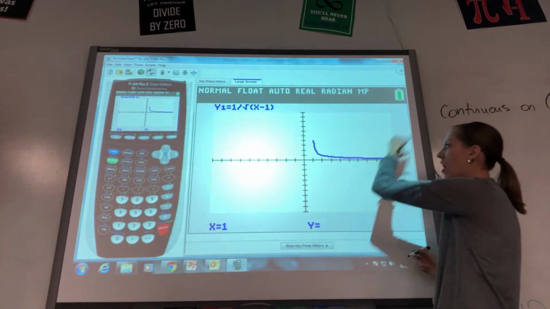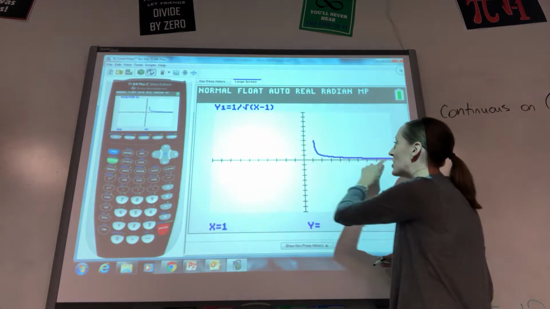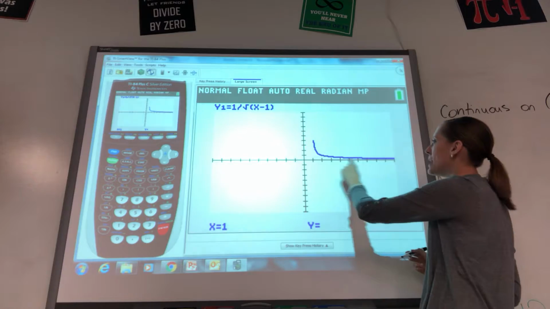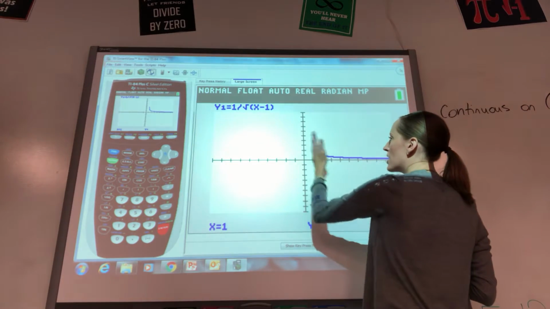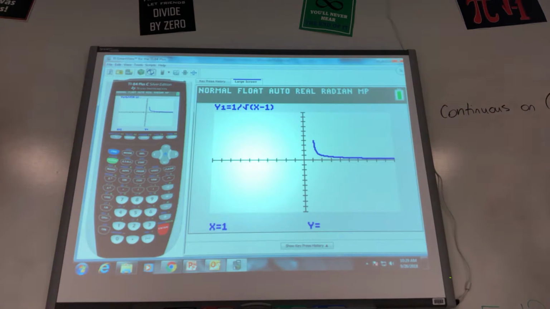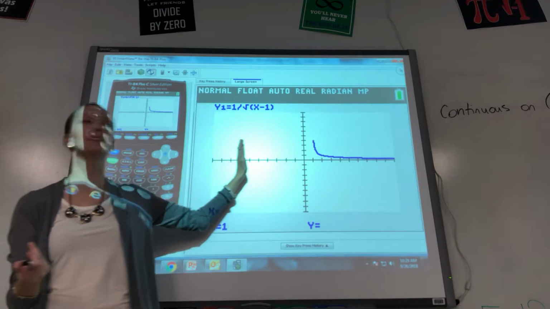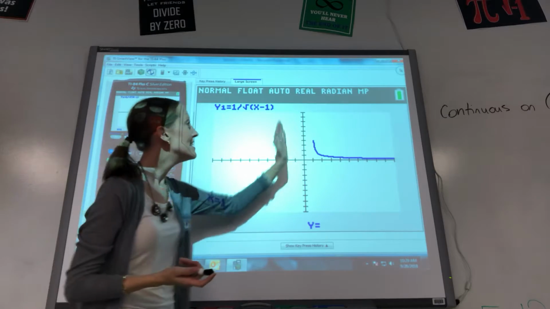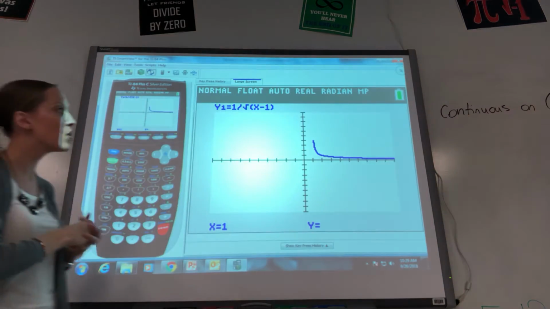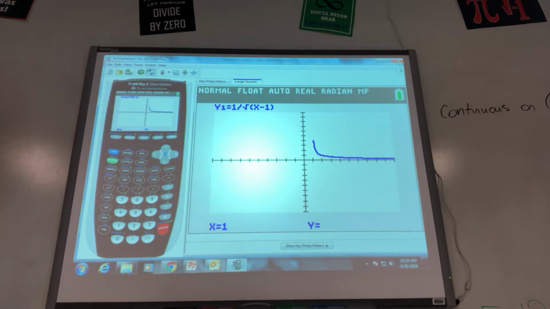You can trace to all those x values if you want to, and none of those should be a problem. The only one I was worried about was 1. So I'm going to say continuous on the interval 1 to infinity. It's not continuous for anything over here because it doesn't even exist over here. It starts at 1, although you can't equal 1, and then goes for everything past that.